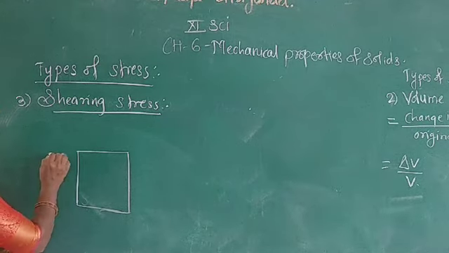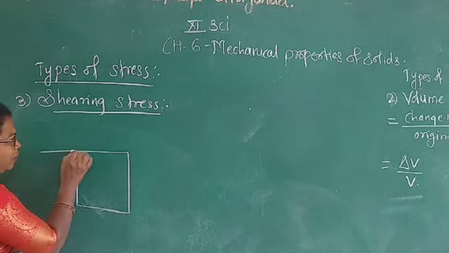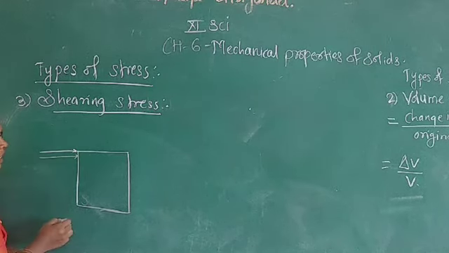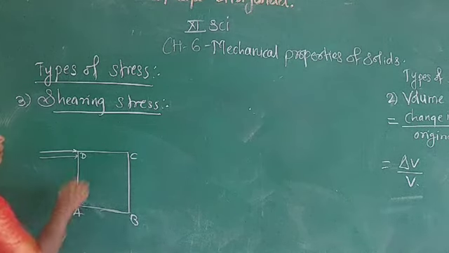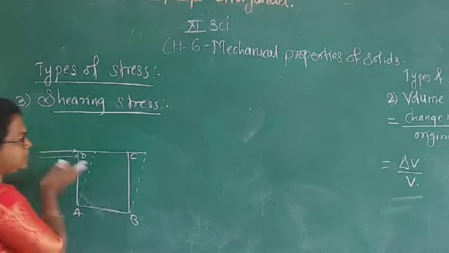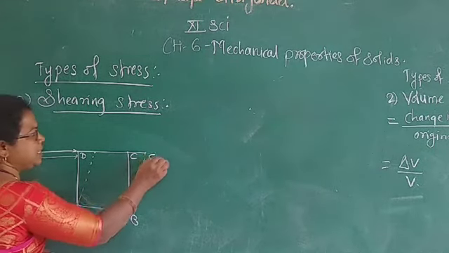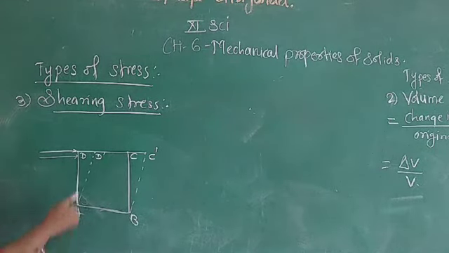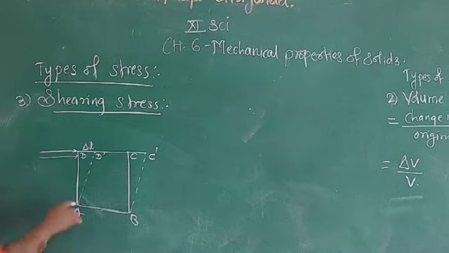Then the force is applied parallel on this side, suppose this is A, B, C, D. What happened? In this case, the upper layer, C dash, D dash, just slides. That means your change in length is delta L to the original length L.